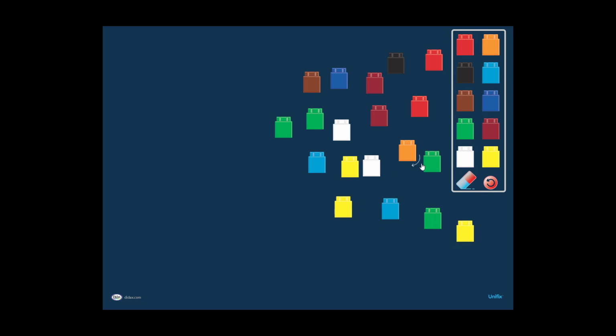And so what I would do is I would set up the children either at their desks or in small groups throughout the room, and I would give them a little baggie or a little basket with a variety of different colors of Unifix cubes. I would just show them a number, and I would tell them, so you have Unifix cubes in front of you. You have little cubes, and they snap together just like this.